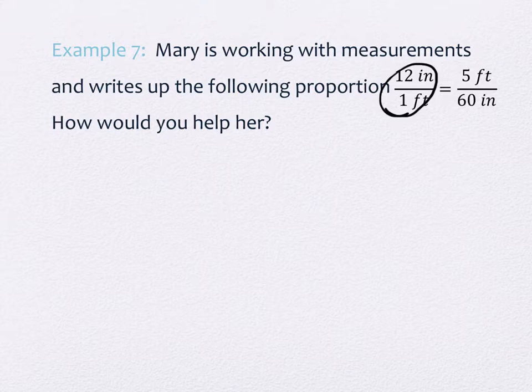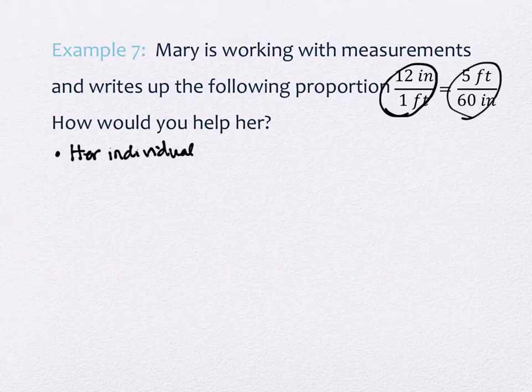That's correct. And it's actually true as well that 5 feet is equal to 60 inches. So the individual ratios are correct. So that's the first thing I would talk about, is that her individual ratios are correct. Okay, so what then is not correct?